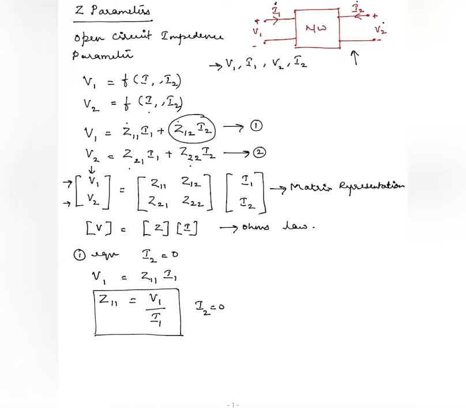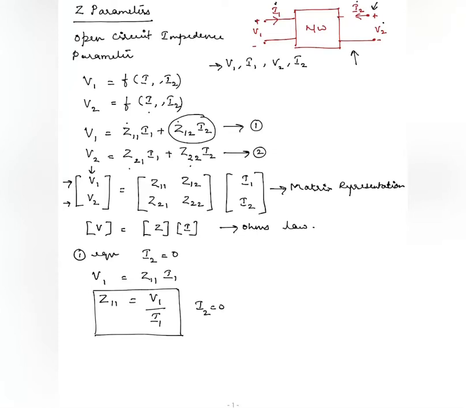This is just a mathematical representation, but what does it actually mean? I2 is equal to 0 means there is an open circuit at the second output terminal. That is, this current I2 is 0, which means there is an open circuit here.